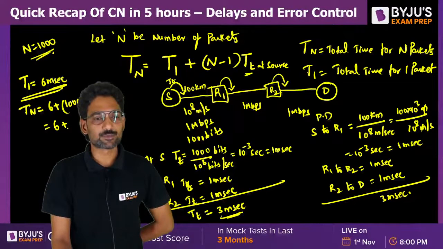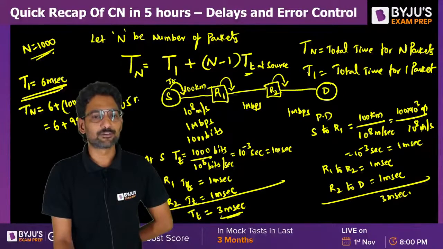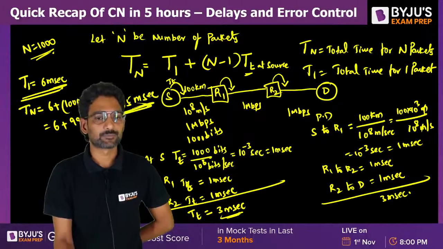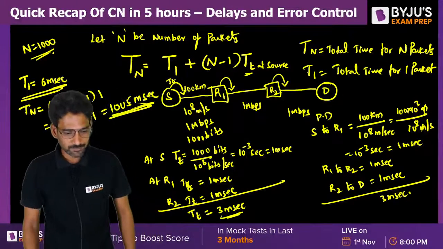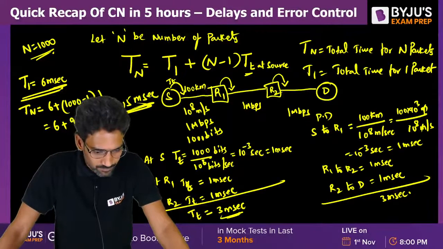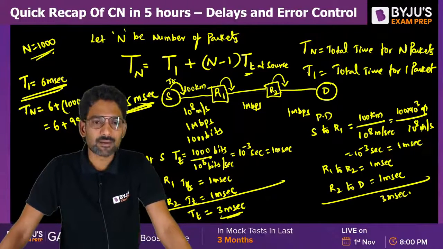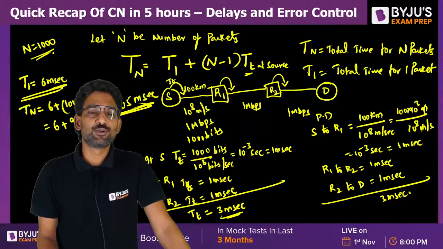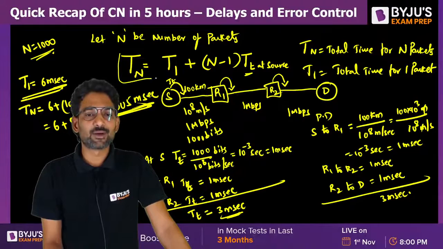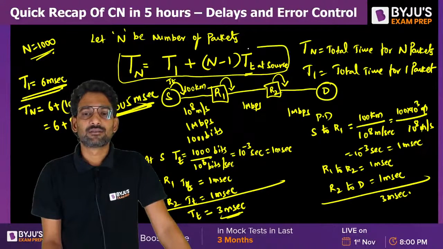So this is 6 plus 999 into 1, which is 1005 milliseconds. So that is the answer, dear friends. Got it? Am I clear? Guys, you use this formula for any complex question. This works.